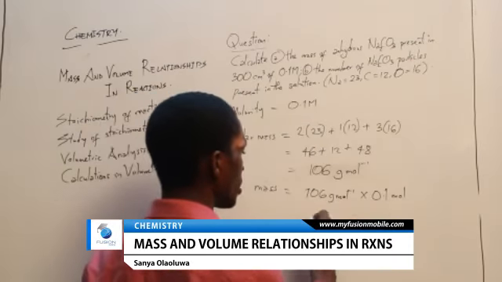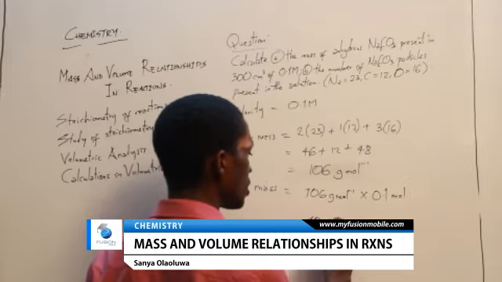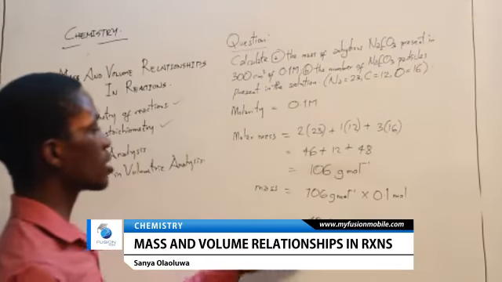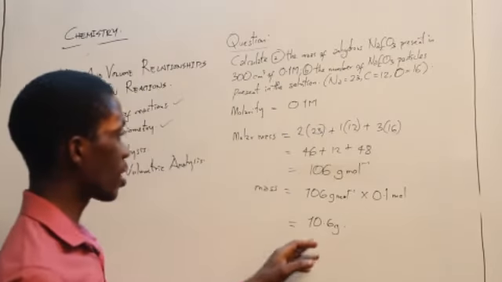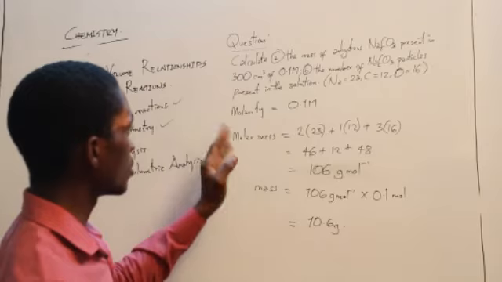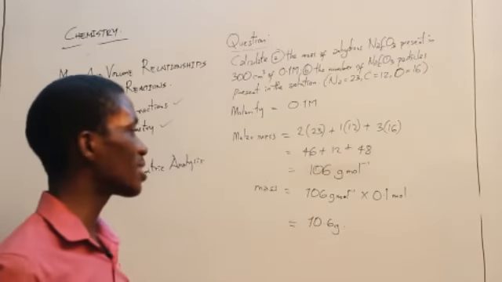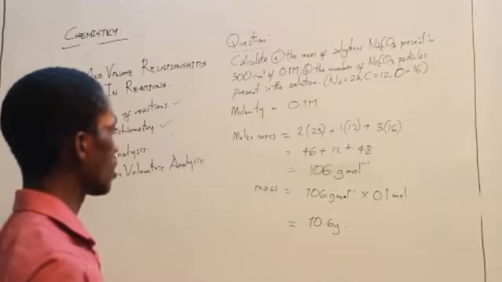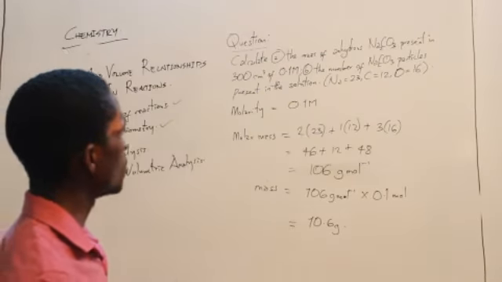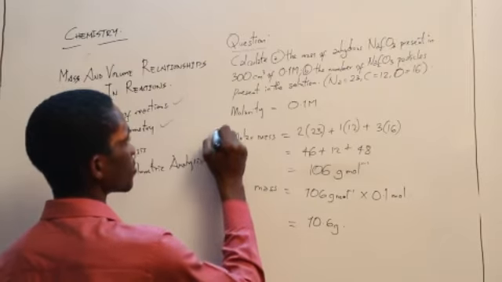And when we multiply, we'll get 10.6 grams. So this is the amount in terms of grams of the substance present in the solution. So let's go to the B part, that's the A part.